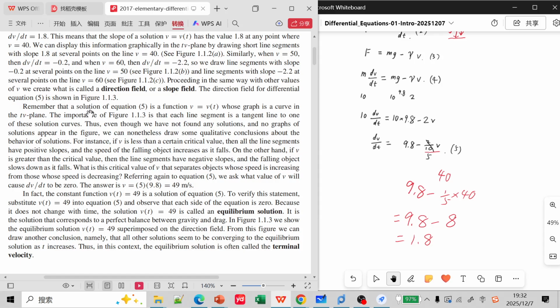Remember that a solution of equation 5 is a function v, or v of t, whose graph is a curve in the tv plane. The importance of figure 1.1.3 is that each line segment is a tangent line to one of these solution curves.